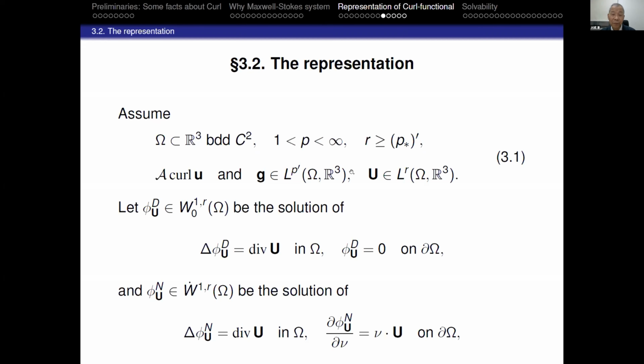For this capital U, you can define the function phi_U^D, which is the weak solution of the Dirichlet problem, Laplacian equals divergence of U in the weak sense. And you can also define phi_U^N, which is a weak solution of the Neumann problem. Then phi_U^D is in the W^{1,r} space, and phi_U^N is also in the same space.